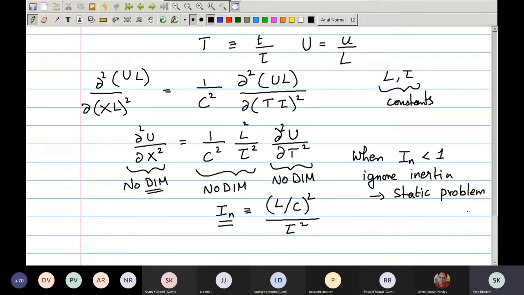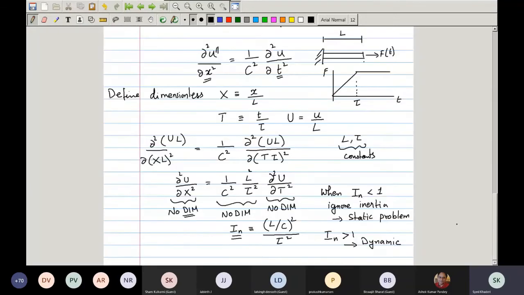But whenever In is more than 1, inertia is to be considered, and then the problem becomes dynamic. This is what I wanted to convey first. We'll see some examples.